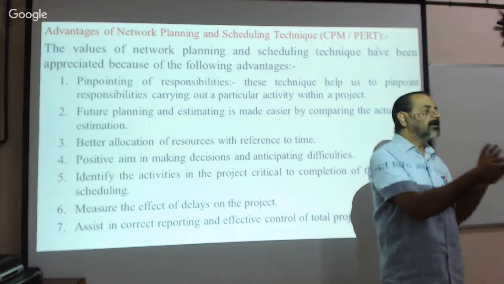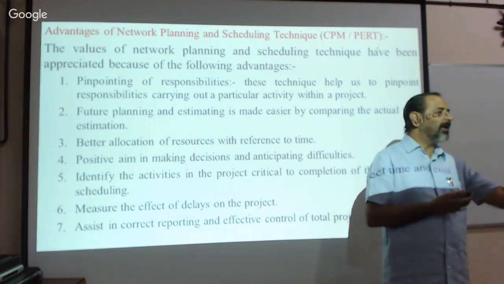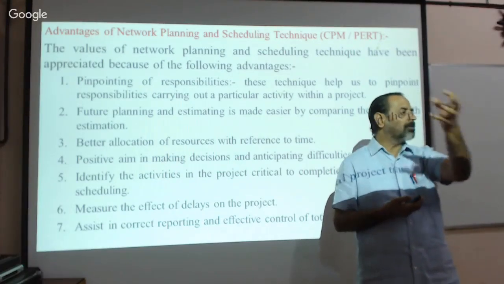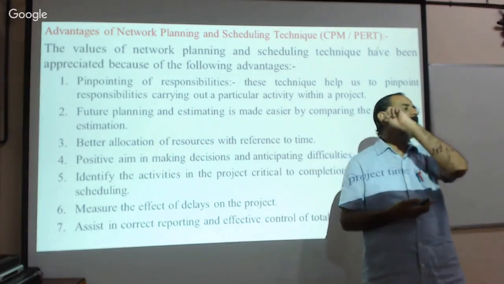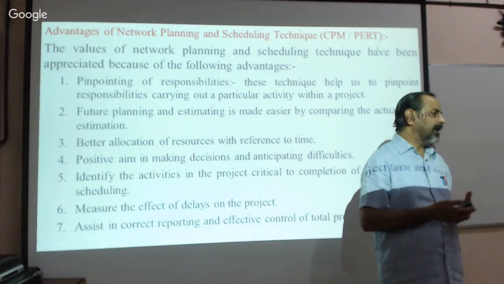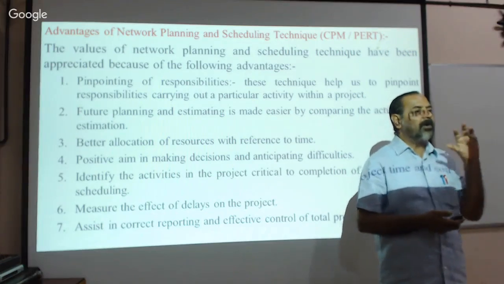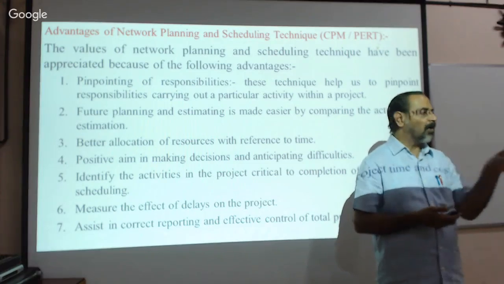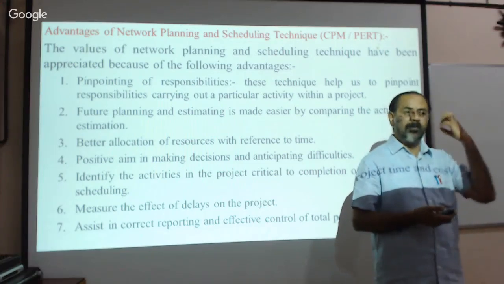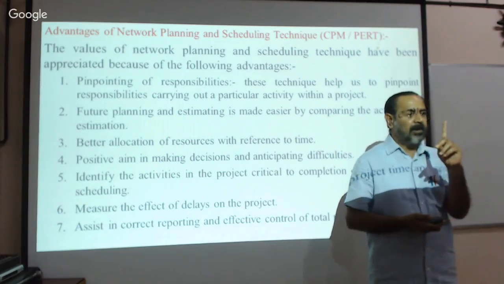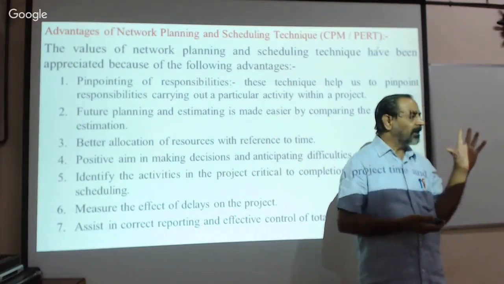Considering that the first building is one element, the second building is another element, the third building is another element, the fourth building is another element, now you can prepare that for the entire campus, isn't it? Here what we have done is taken only one building into account and prepared the network diagram for only one building.